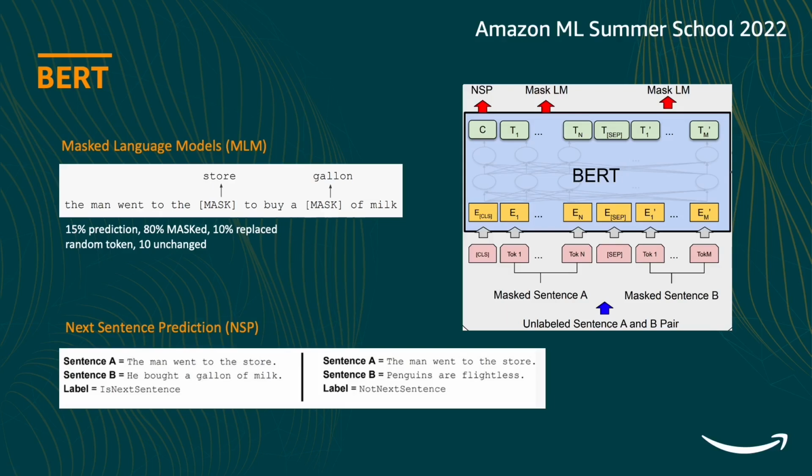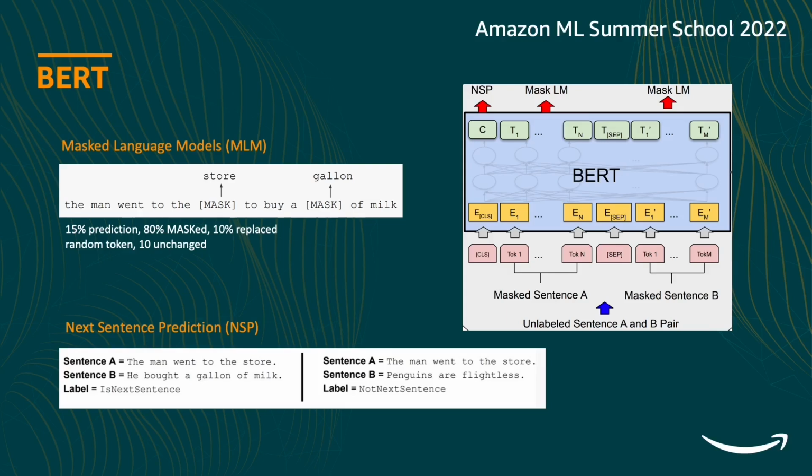And the other task is this next sentence prediction task. Many important downstream tasks such as question answering or natural language inference are based on understanding the relationship between two sentences, which is not captured by earlier language modeling tasks.